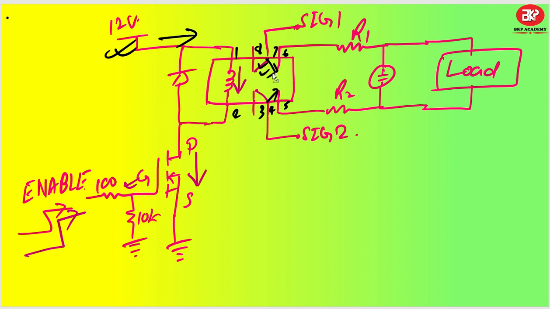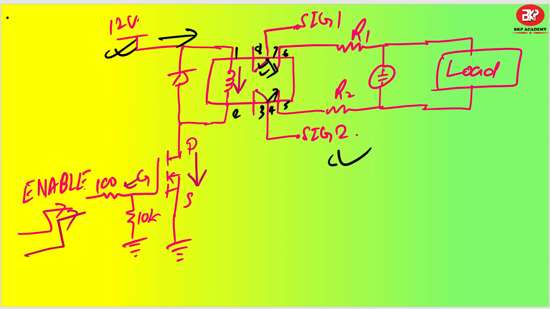Now you can see both the pins have changed the path. Pin number 7 is now not connected to 8, it is connected to 6. Similar to that, pin number 4 is not connected to 3, it is now connected to 5. So signal 1 is going to go through pin number 7, now shorted to pin number 6. It goes through this path to the load or something, then to pin number 5 and comes back towards pin number 4 with the signal SG2.